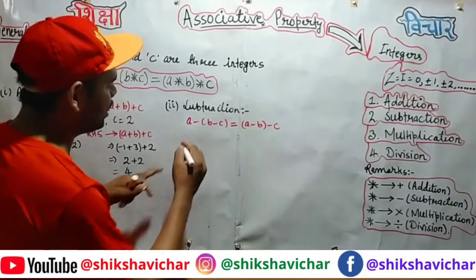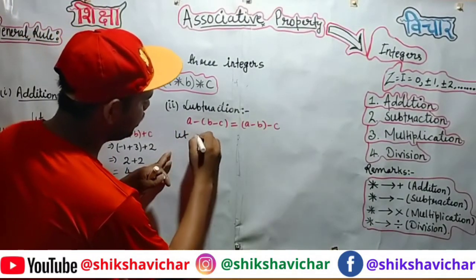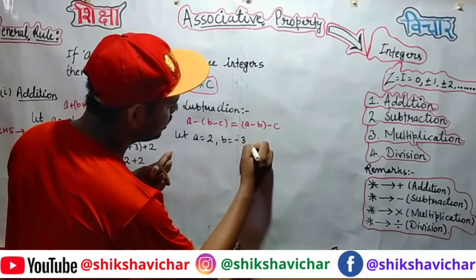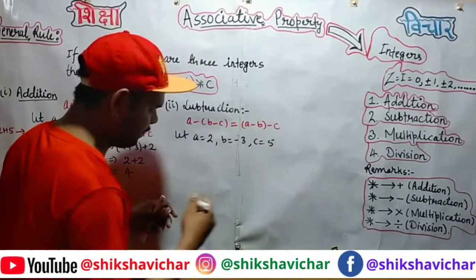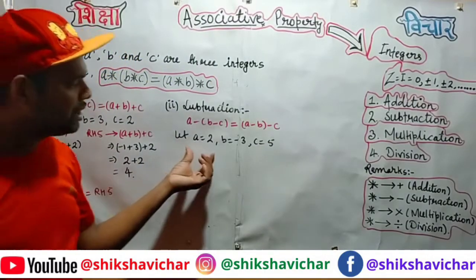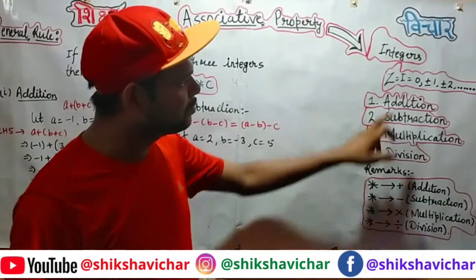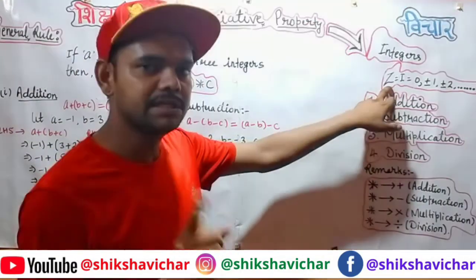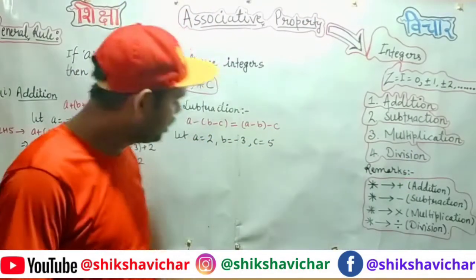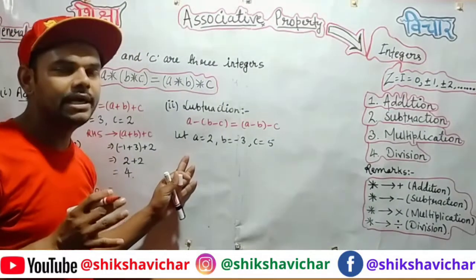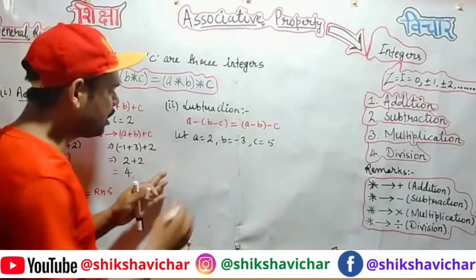We will take a = 2, b = -3 and c = 5. These three numbers have been taken by me, and these all belong to the set of integers, that is called Z. Okay, now we will check the left hand side and the right hand side and see what output comes.